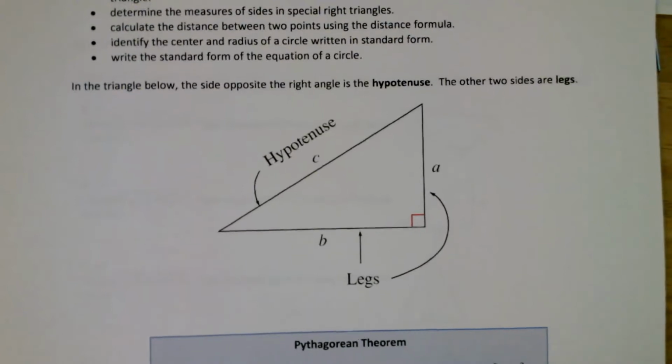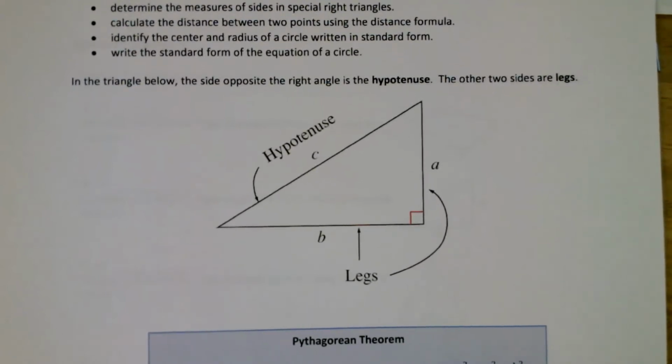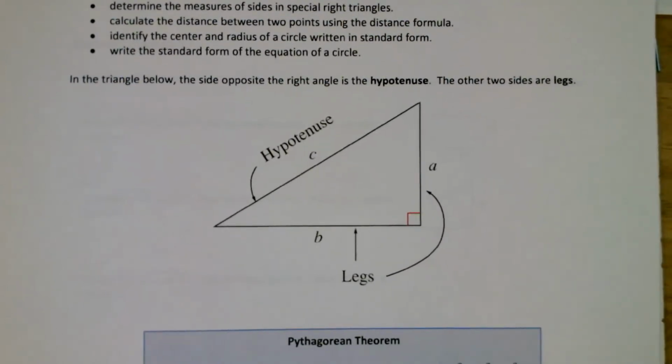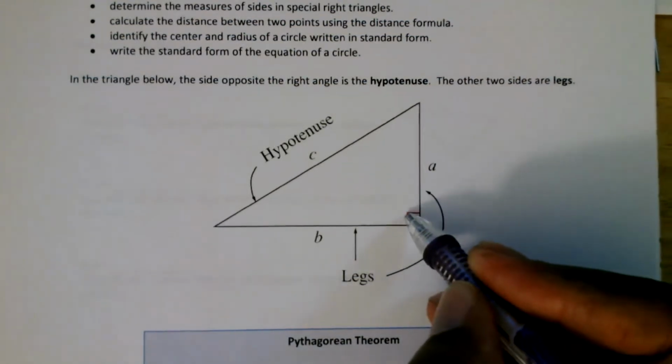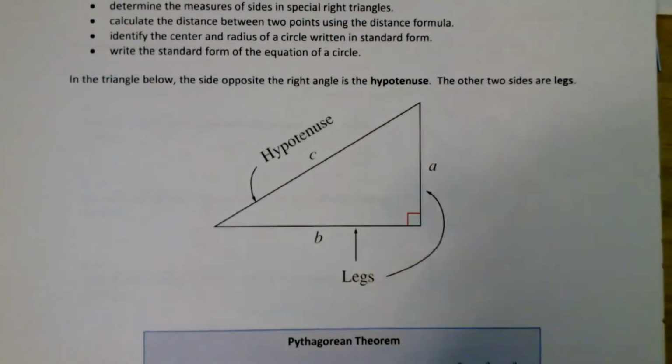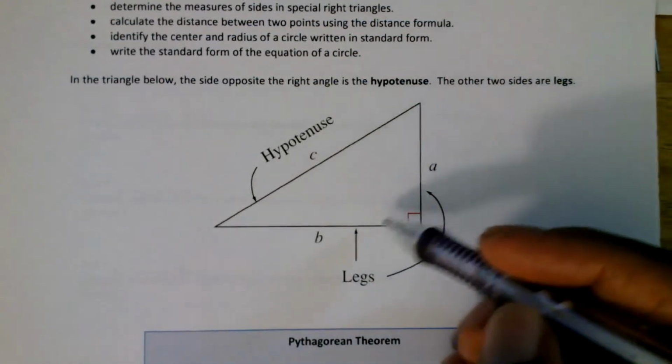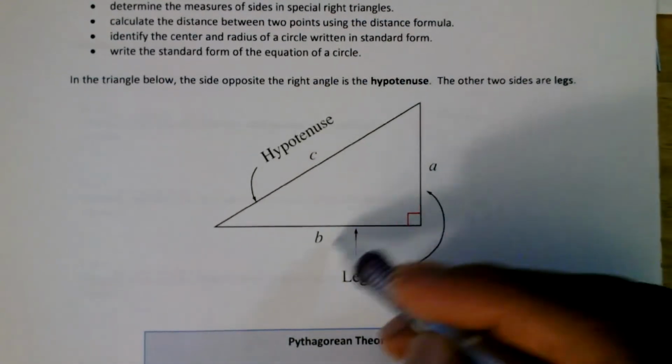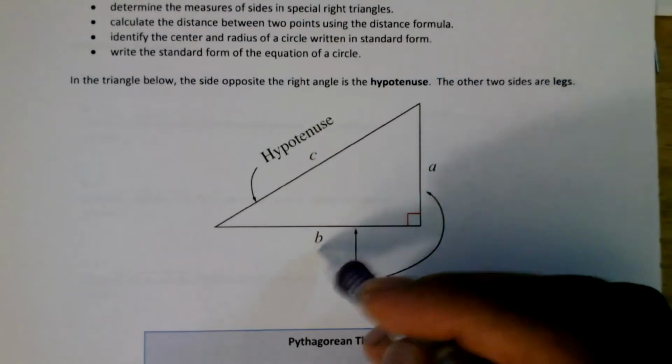So first of all, we need to talk about a right triangle. If you recall in a previous video that I did, a right triangle is a triangle that has a right angle indicated by this red box that you see at the vertex of that triangle. Now in a right triangle, we have two legs, which are labeled A and B, as you can see here.